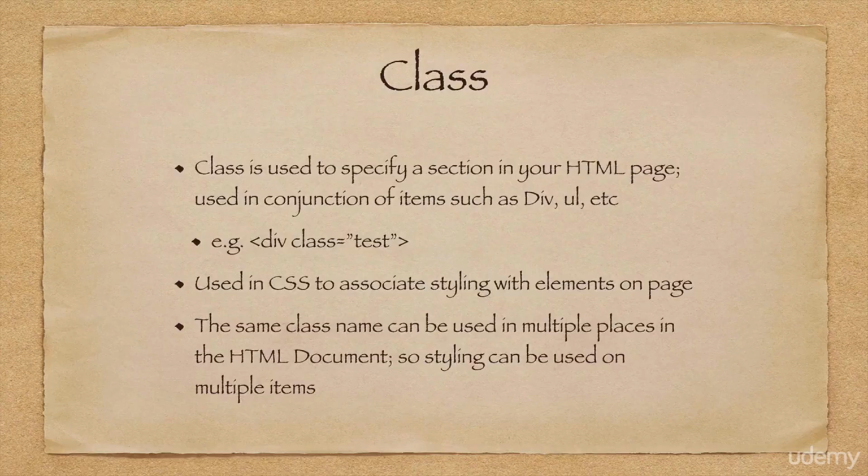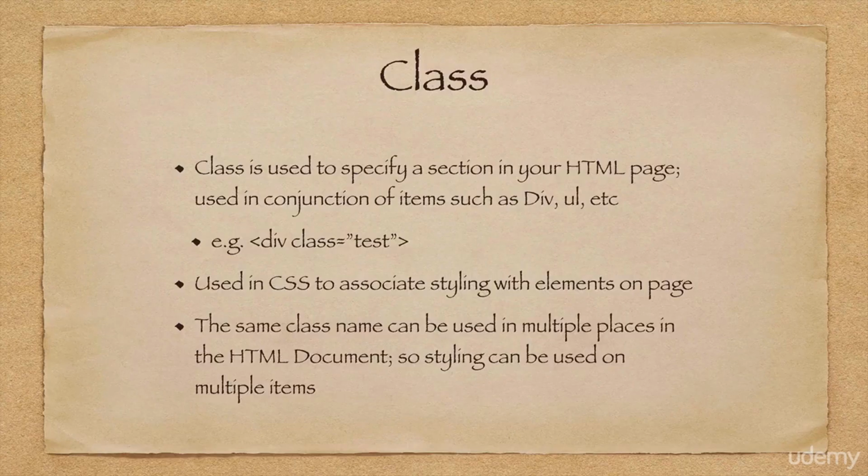And then it's used in the CSS to associate styling with the elements on the page that are within that section. And there we have a little example where div class equals test. That would then define the class test with this div, and everything that's within the opening and closing div will be allowed to style with CSS by using that class name.